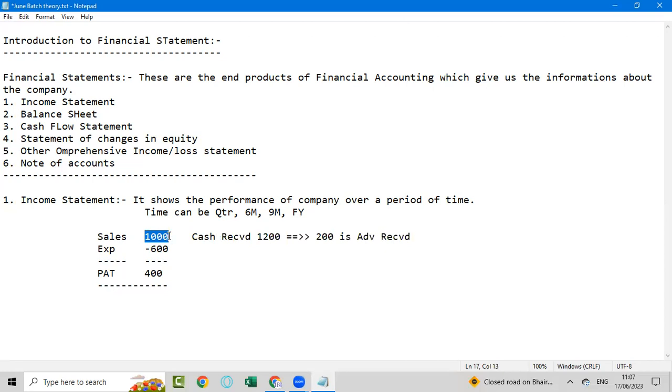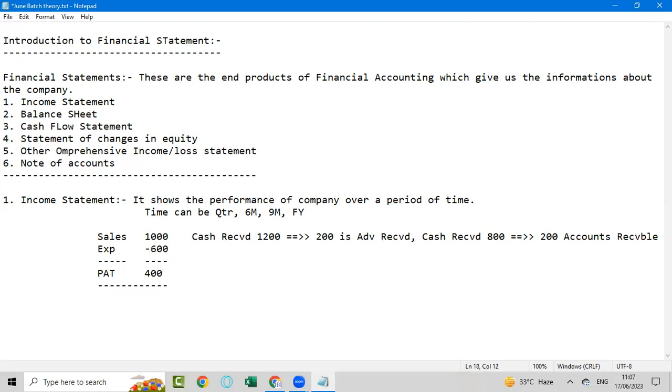That means product and services have been given for 1000 only, but cash which you have received is 1200. So 200 is your advance received. Now let's suppose cash received is 800. In this case, what is 200? 200 is your accounts receivable.